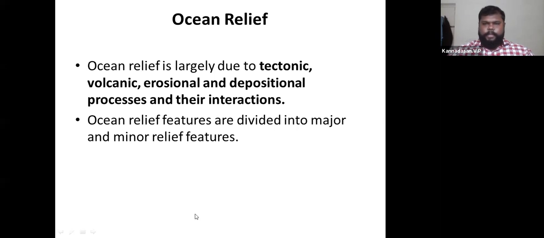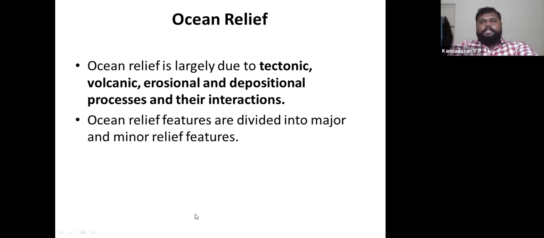Convergent plate. Is it in ocean-ocean convergence or ocean-continent convergence? Ocean-continent. Are you sure it is ocean-continent, not ocean-ocean? Okay, right. Anyway, we'll see.